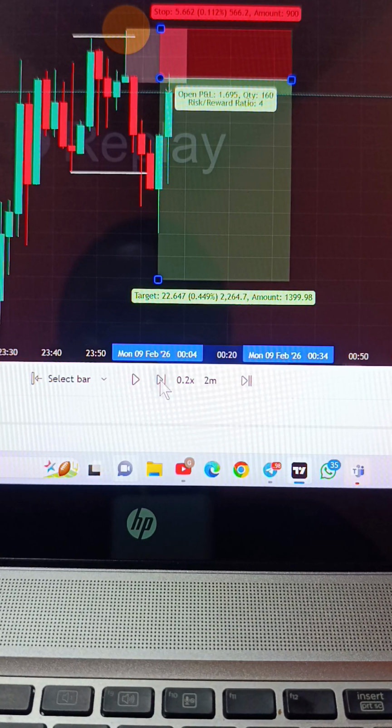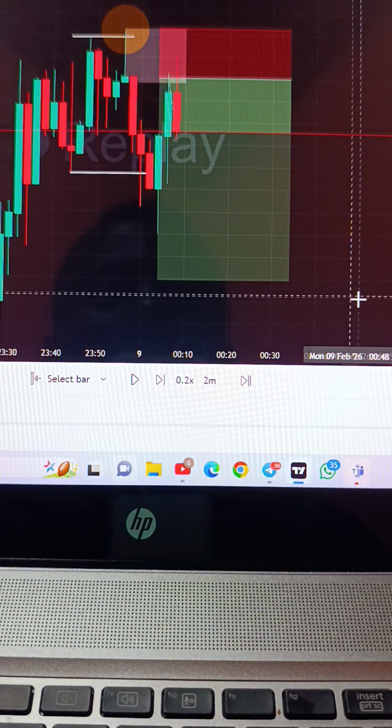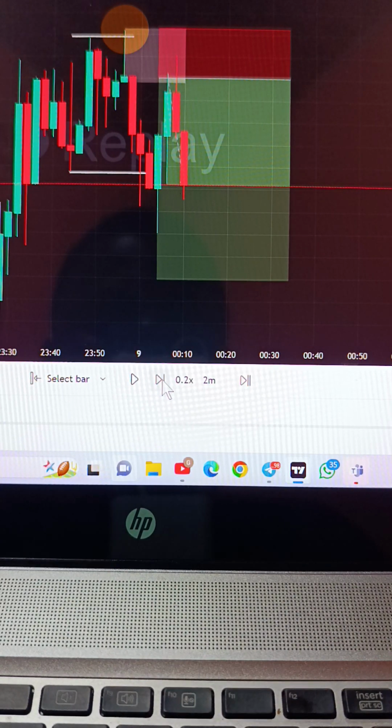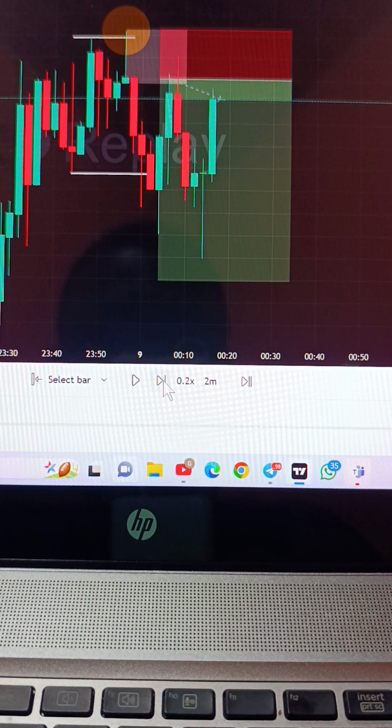Okay, wow, so our zone has been tapped into, the other block has been precisely mitigated. And then price is moving nicely, has respected the zone we marked out. Let's see how it goes.